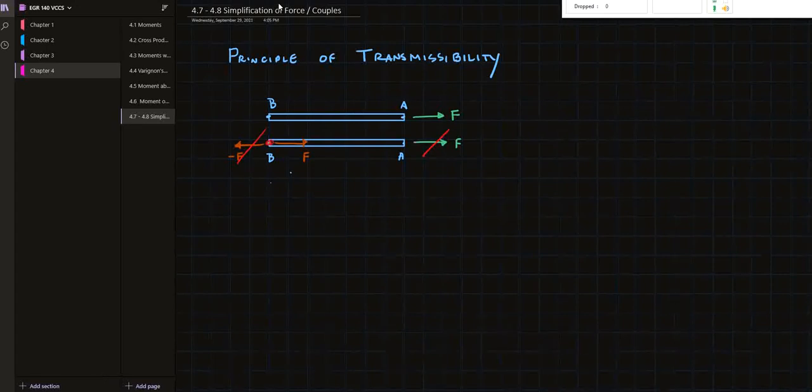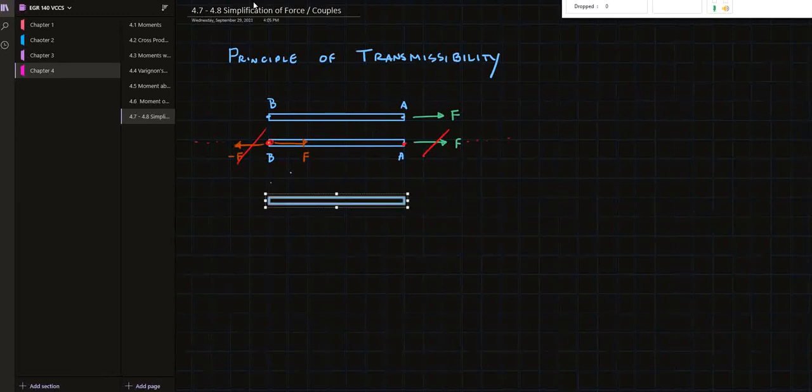So what this says is you can move a force, if it's along the same line of action, anywhere in your body, and the same effect occurs. After cancellation, it'll look the same.